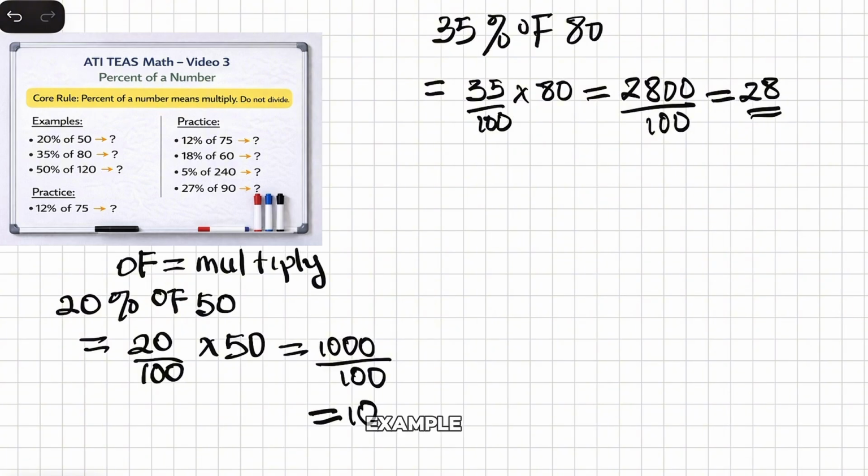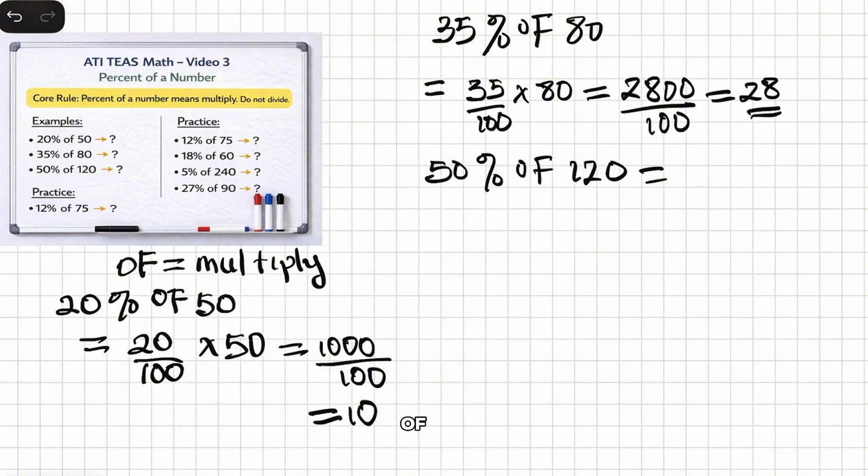Now what about the third example? 50% of 120. All right. Without even solving this, can somebody guess the answer? If you guess the answer correct, just say in the comment section. My guess is that the answer is 60 because 50% is half, right?